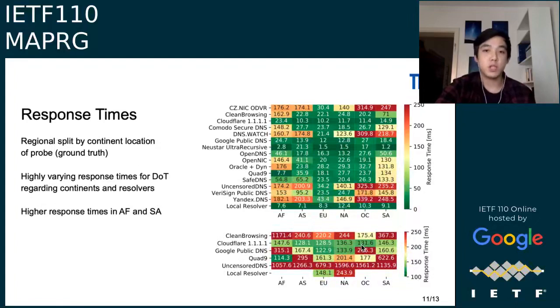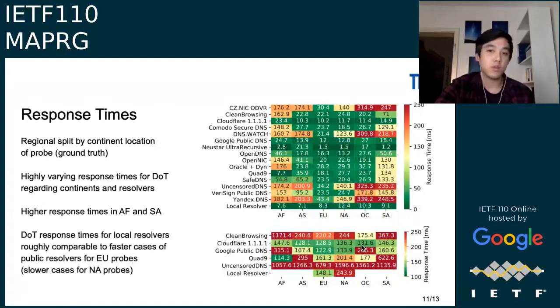And also, as mentioned, for DOT, the failure rates were higher for local resolvers, but now we see somewhat comparable response times between local resolvers and public resolvers.